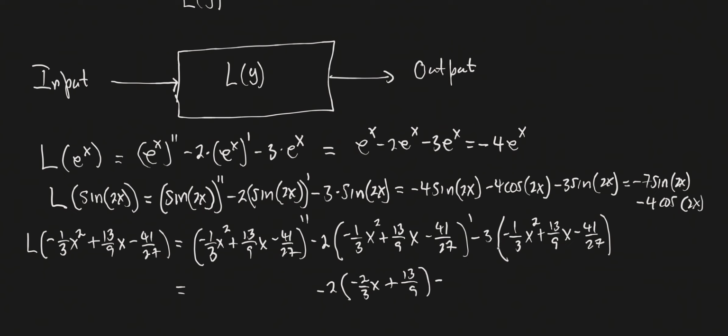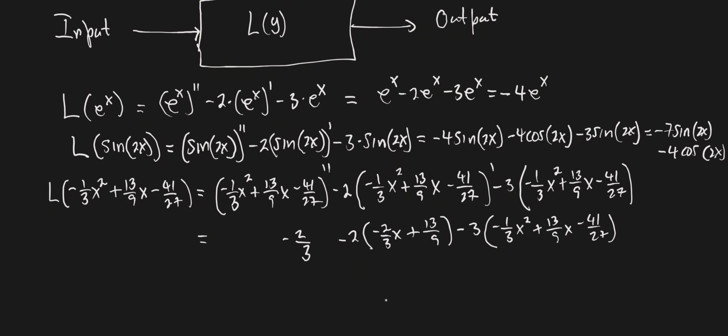Let me bring down this one. And now that I know what the first derivative is, I can find the second derivative and put it in front right there. So we have plus 13 over 9x minus 41 over 27. When I differentiate again, I'm just going to be left with a negative 2/3. There we go. So let's simplify this and see what we get.